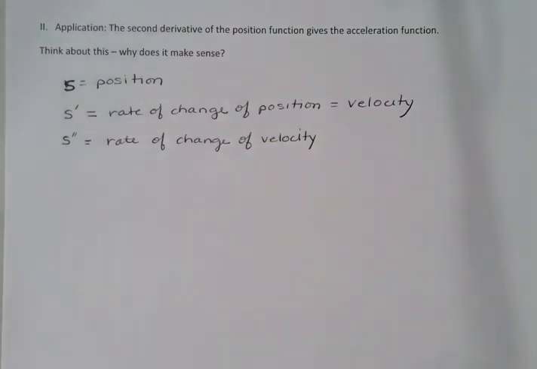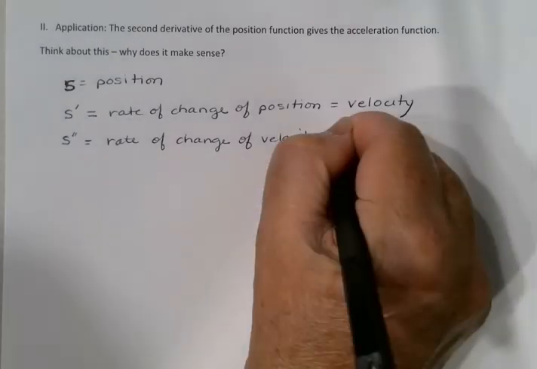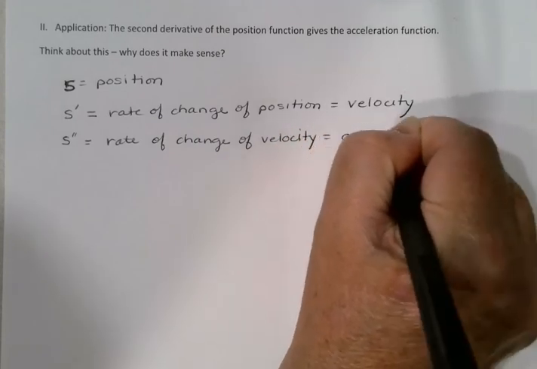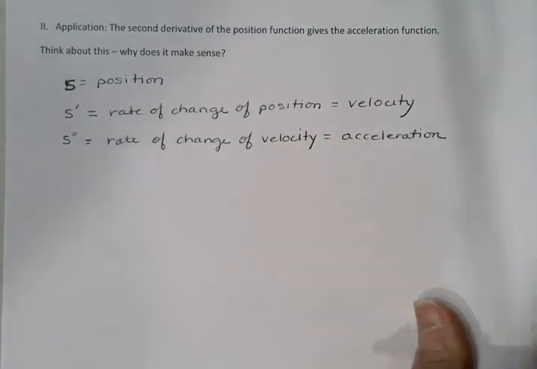If we change our velocity quickly, we're accelerating fast. If we change our velocity slowly, we're accelerating slowly, right? So the second derivative, the rate of change of velocity, really is acceleration. Let's take a look at an example of a problem where we can use that.